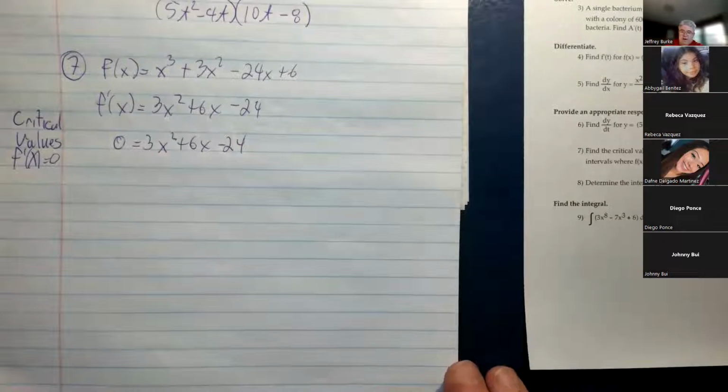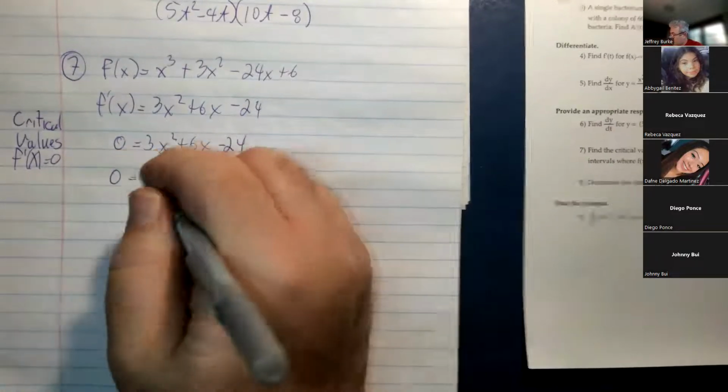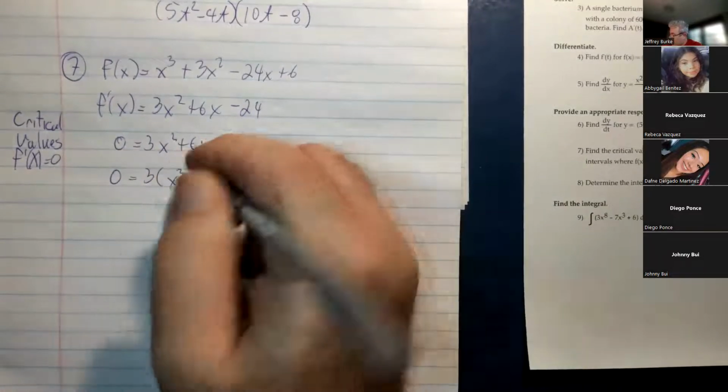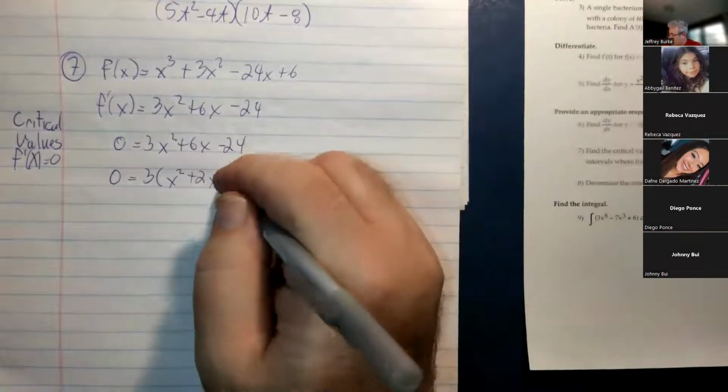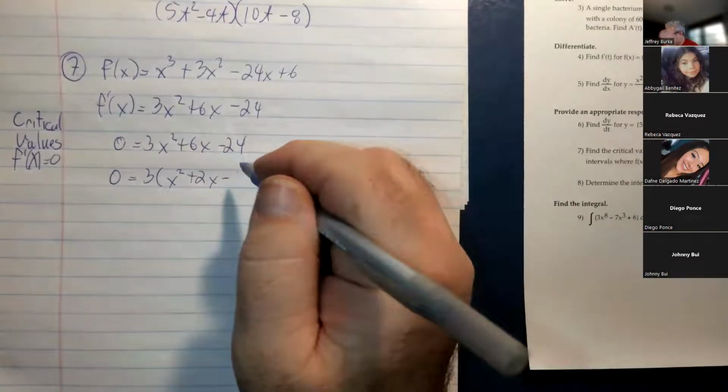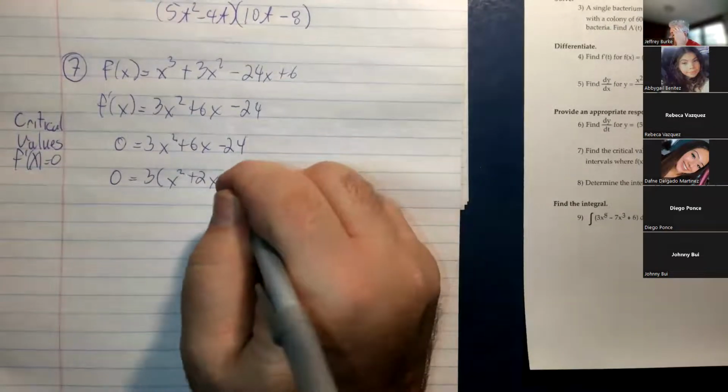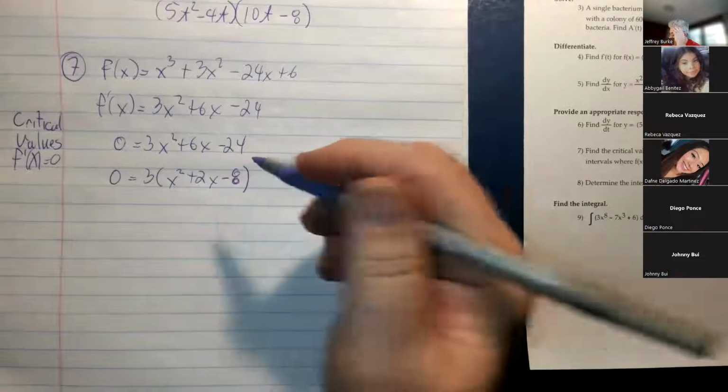And then what's going to happen is, first off, to try to solve this equation, I'm going to go ahead and factor a 3 out. So 0 is going to equal 3 times x squared plus 2x minus 8.